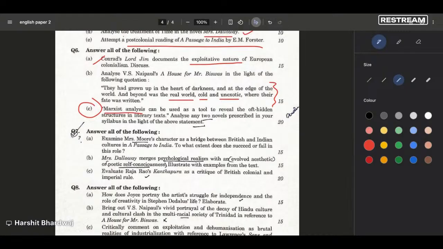So my bet is that in 2026 they'll probably ask psychoanalysis, I guess, because they definitely won't repeat Marxist. Marxist analysis can be used as a tool to reveal the oft-hidden structures in literary texts. Analyze any two novels prescribed in your syllabus in the light of the above statement.